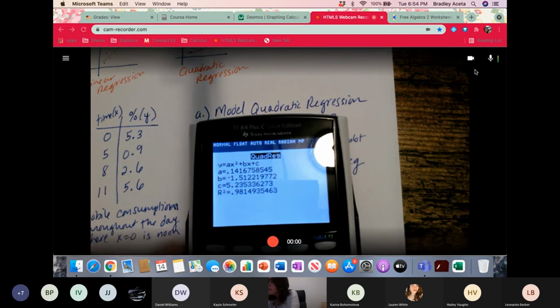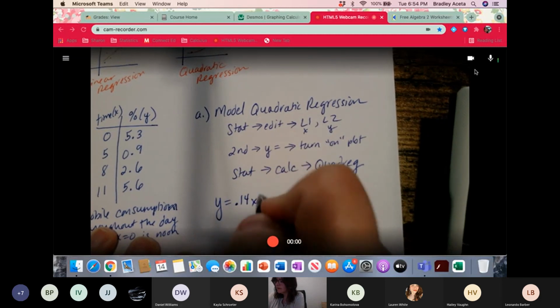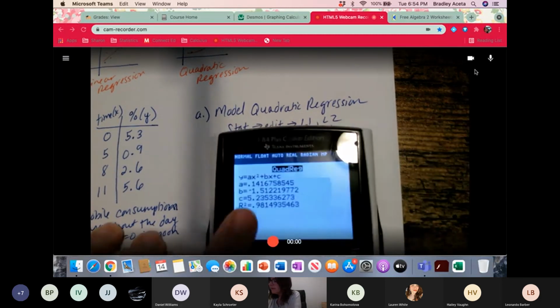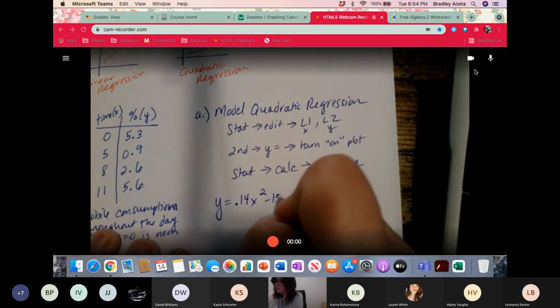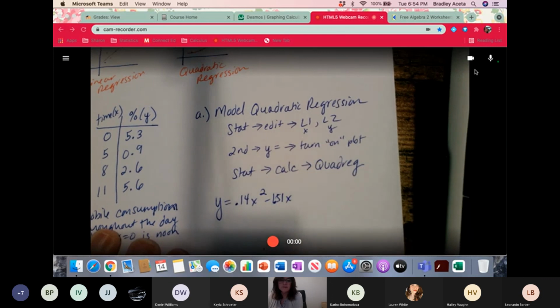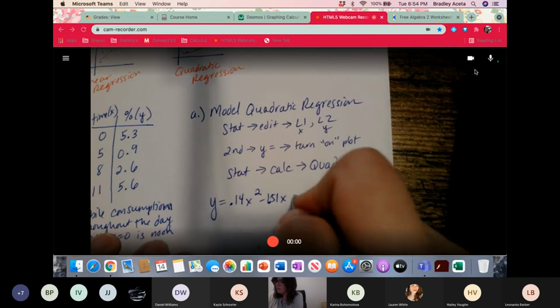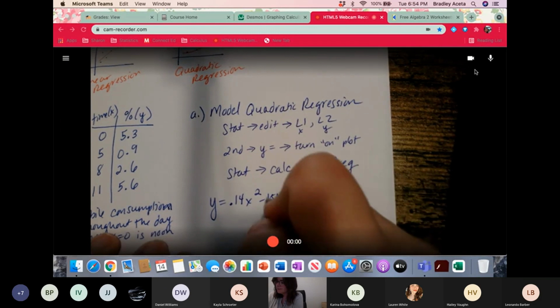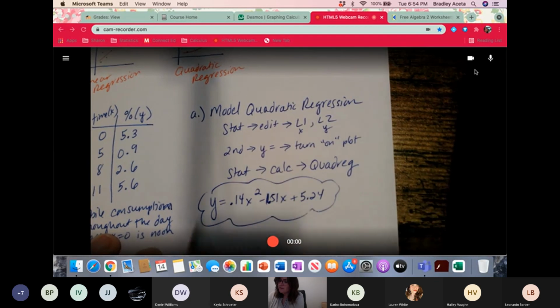So for A, I'm going to write 0.14, y equals 0.14x squared. B, negative 1.51x. And then C, 5.24. And that is the quadratic regression model of this right here.